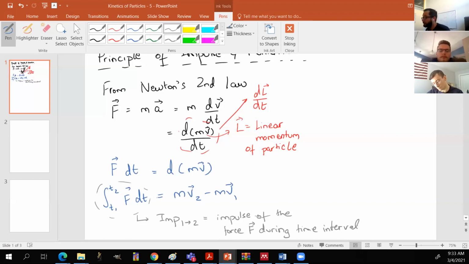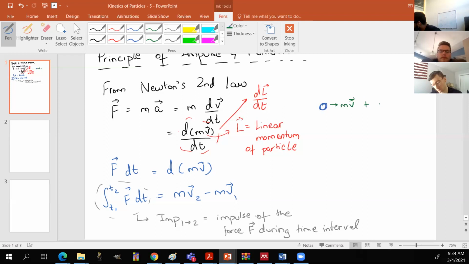So physically, if you're looking at a particle, what this expression is saying is that the particle is traveling. It has some initial linear momentum mv1. You end up imparting or hitting it with something. That's the impulse, right?